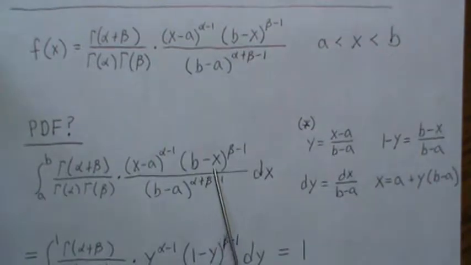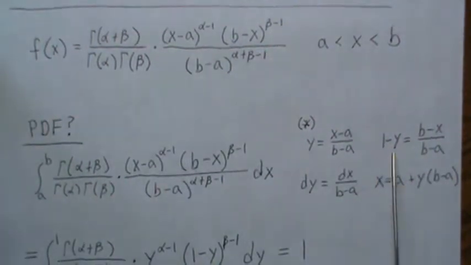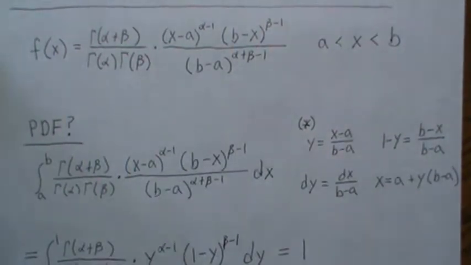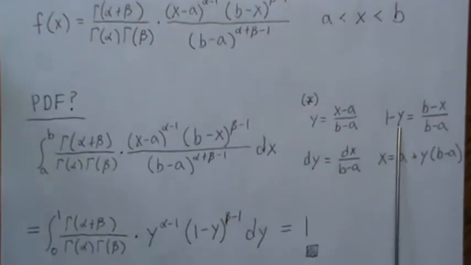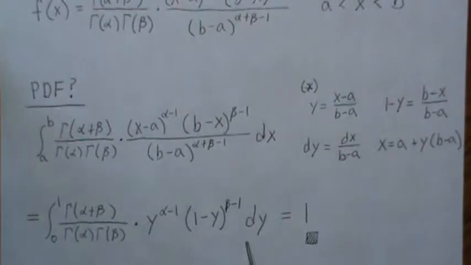But then we also get b minus x over b minus a raised to the beta minus 1. So that's where the 1 minus y will come into play. And then this piece right here will come into play when we're looking at the mean and the expected value of x squared. So we plug in this for here and we get this, and we plug in this piece to here and we get that, and of course the dx.